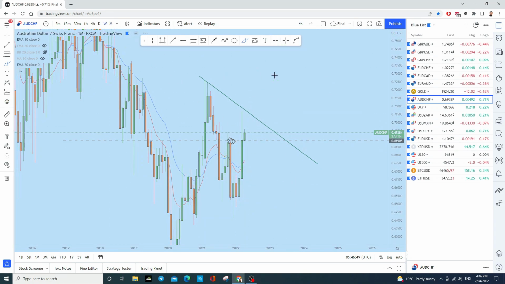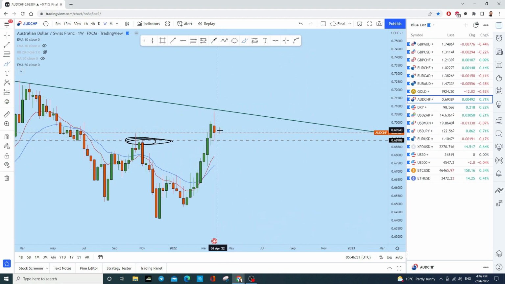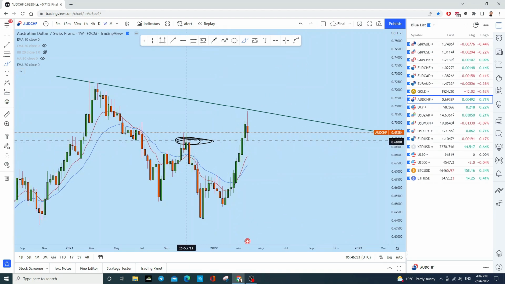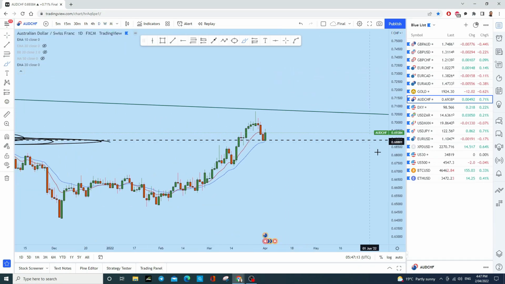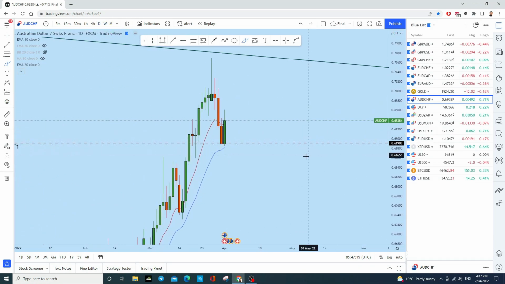So let's see weekly. Now weekly, we saw that there has been a doji formed. This doji basically tested this previous support as a resistance, and we saw a rejection. So what I think is that in the new trading week, this level could be protected, and we could see the price rising from here. So let's see what could happen on the daily time frame. Now on the daily, we have a signal.